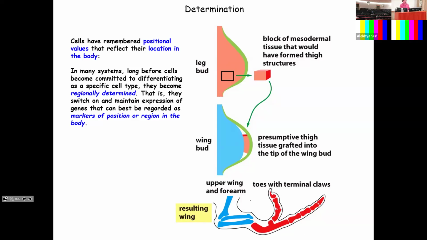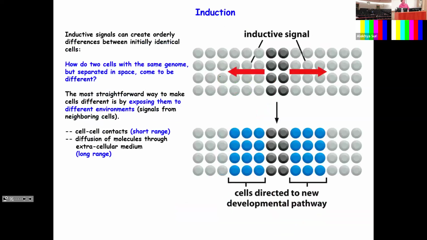So that's why here you end up with a leg portion, despite the fact that you put in a bunch of cells. So this is the principle of determination. The cells are already determined to become, in this case, nails, claws, toes, etc.